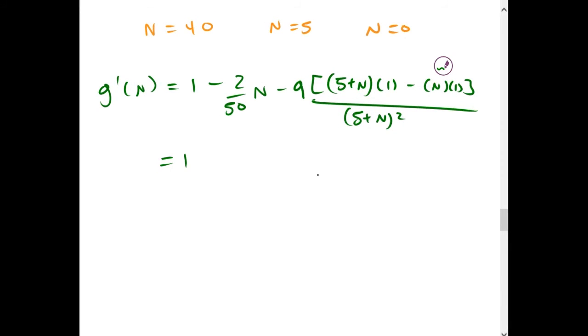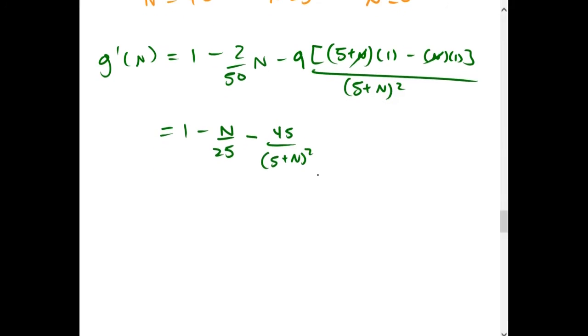And simplifying this, we get 1 minus N over 25 minus 45, because the N's will cancel, over (5 plus N) squared.